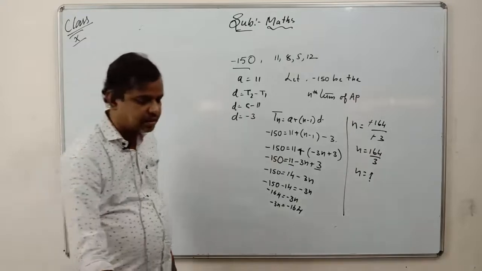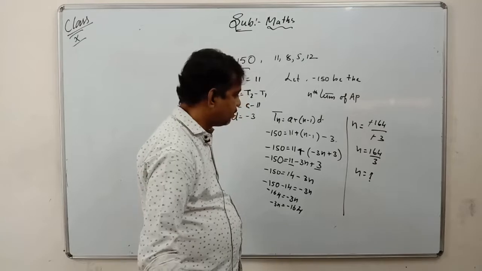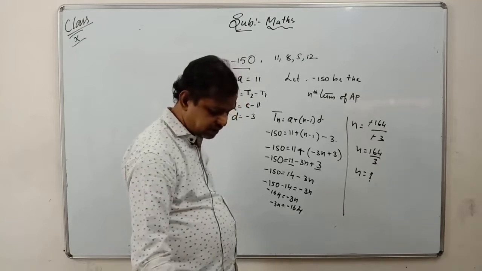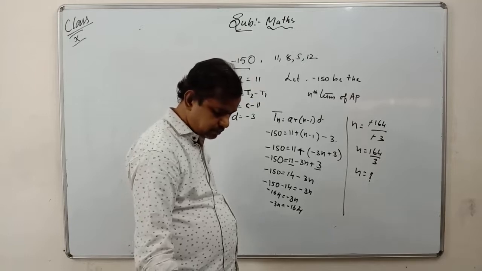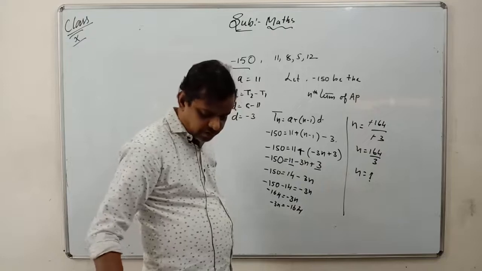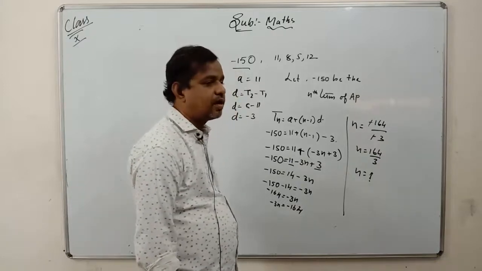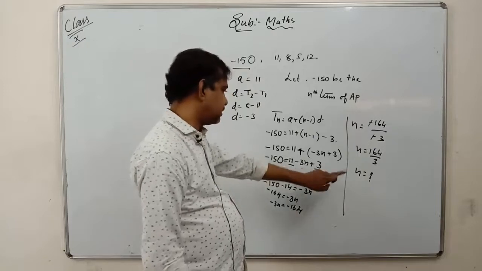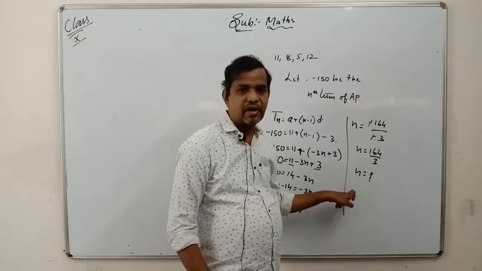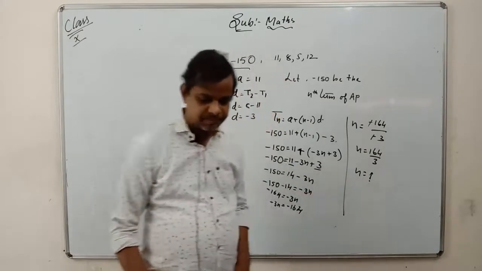That is nothing but 164 by 3. So if you take 164 by 3, what will be the value of n? That is the answer. So calculate it, divide it, and you'll get the value of n here. Okay, got it. Copy the question.